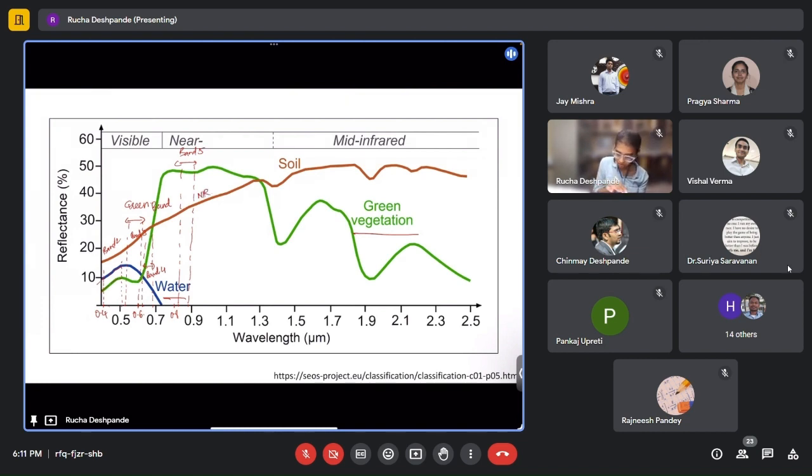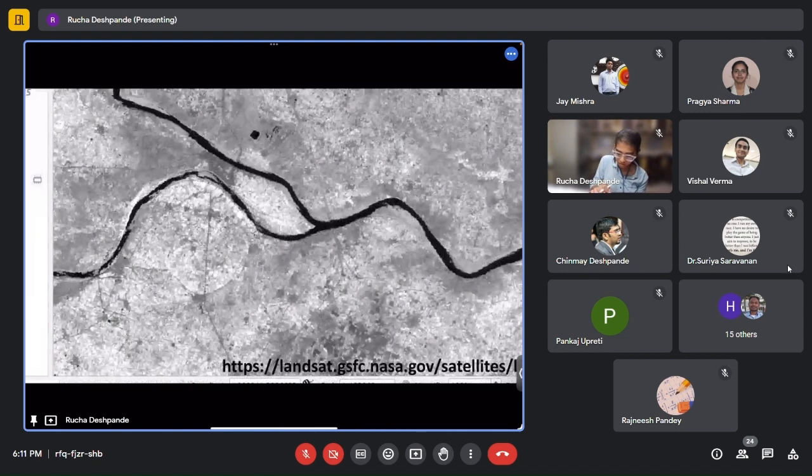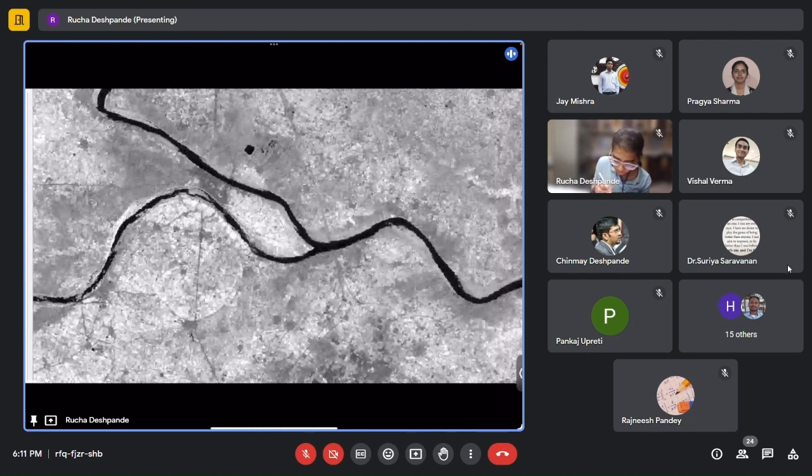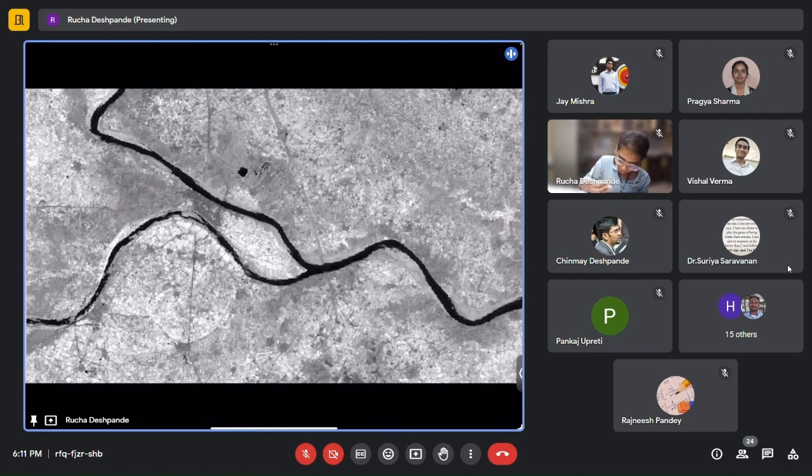In contrast to that, the green vegetation is reflecting at the highest in this wavelength range. So in this range, it is easier to see the contrast between vegetation and water. If we go back to this image, the contrast between vegetation and water is very clear.